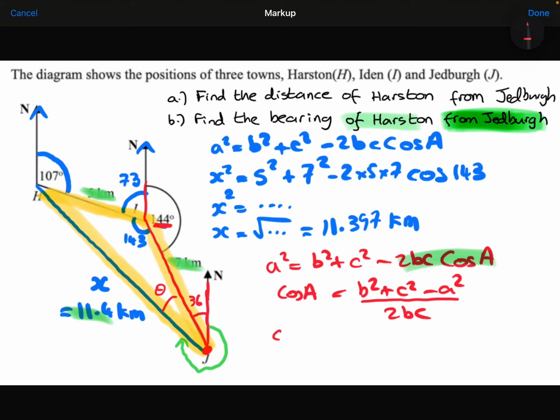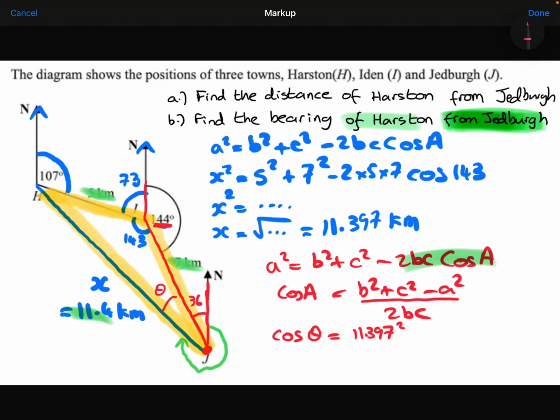Now let's put the numbers into the formula. So cos A, or in my case theta, that's what I'm trying to work out. Now my b and my c, it doesn't matter which way round we do this. So I'm going to call my b the 11.4 that I worked out in the previous question. Now I want to be really accurate about this, so I'm going to write down 11.397 squared.